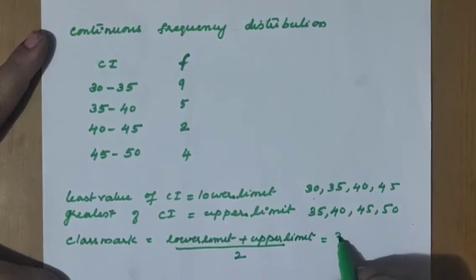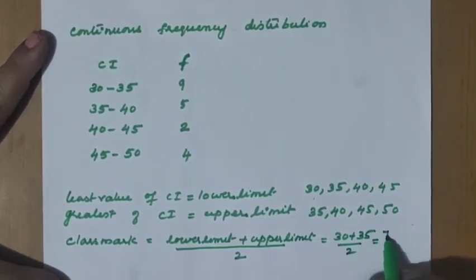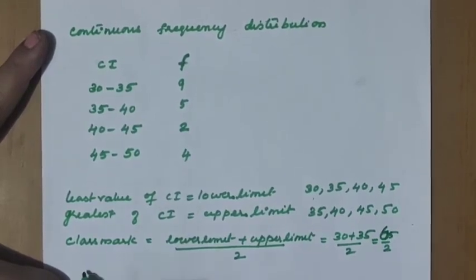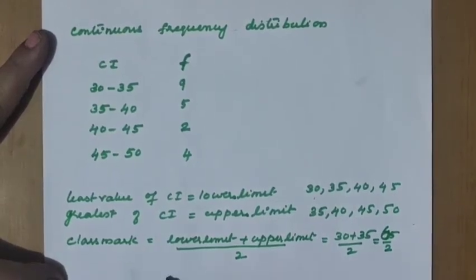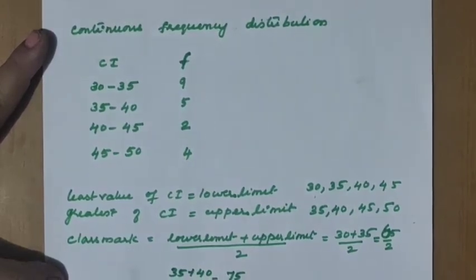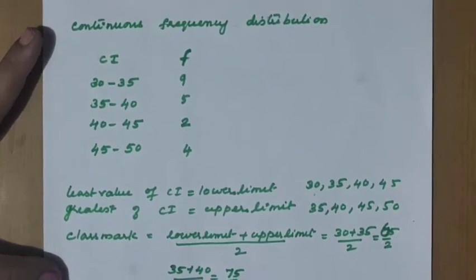That means 30 plus 35 by 2 equals 65 by 2. Next, the class mark of the second class interval is 35 plus 40 divided by 2, which equals 75 by 2. What is the next? 40 plus 45 divided by 2, it is equal to 85 by 2 and so on.